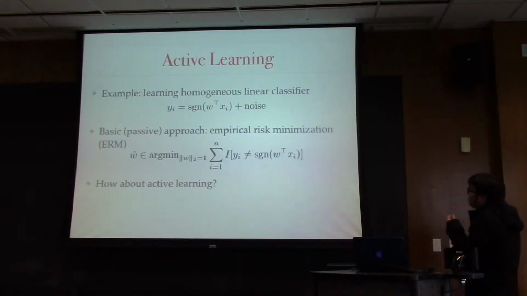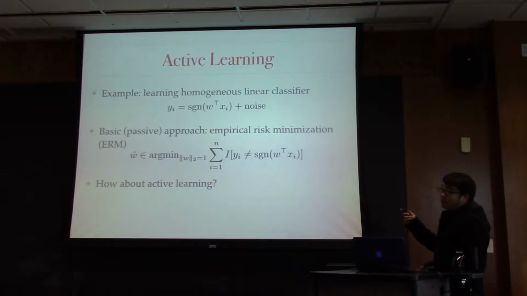So consider the simplest example where we want to learn a homogeneous linear classifier. In this case, x is a d-dimensional real vector, and what we want to learn is a linear classifier W, and we assume that the true label yi is generated according to this simple noisy linear model.